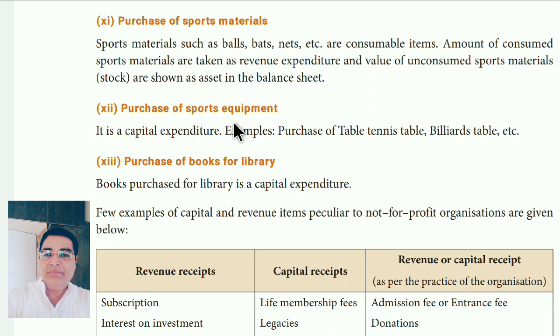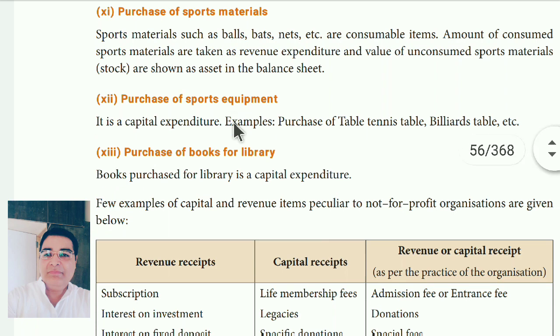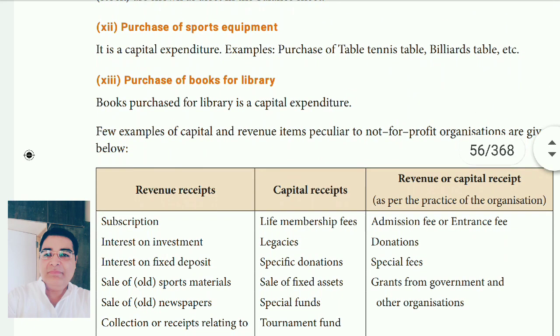Then purchase of sports equipment. See here, sports equipment is given. So purchase of sports equipment is a capital expenditure. Example, purchase of table tennis table, billiards table, etc. So this will come under purchase of sports equipment, capital expenditure.